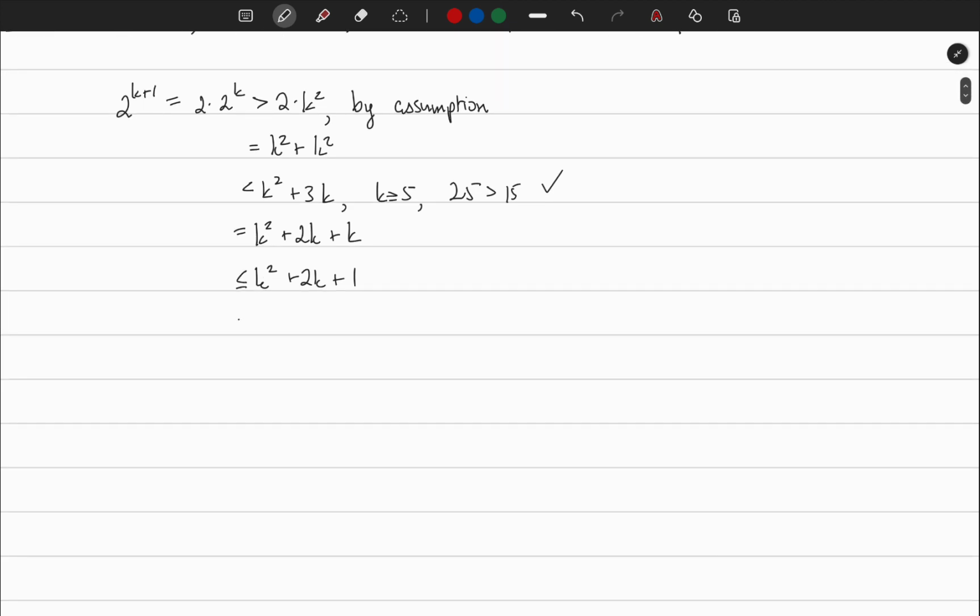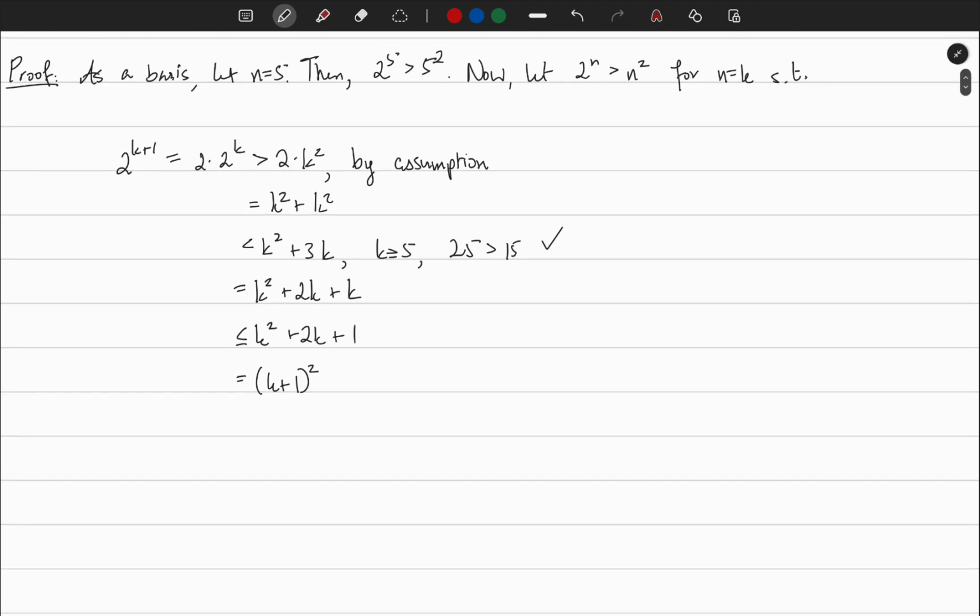But we already know what this is by factoring. This is really k plus 1 squared. And now if we look at the extreme ends of our inequality, you can see that we have 2k plus 1 is bigger than k plus 1 squared.